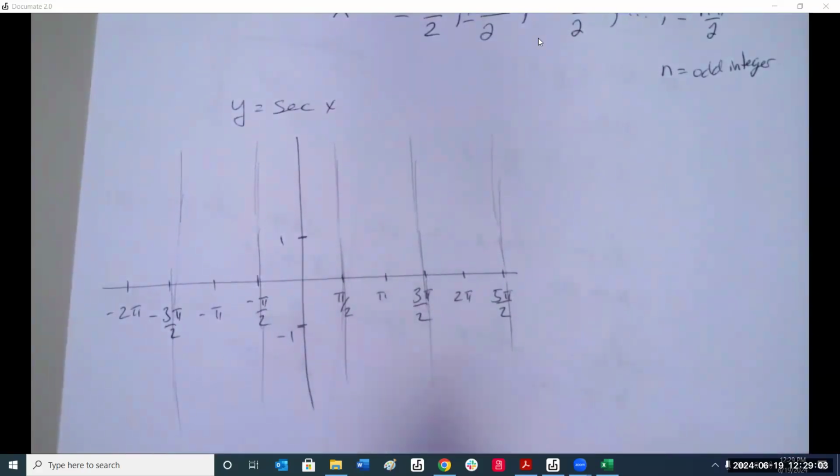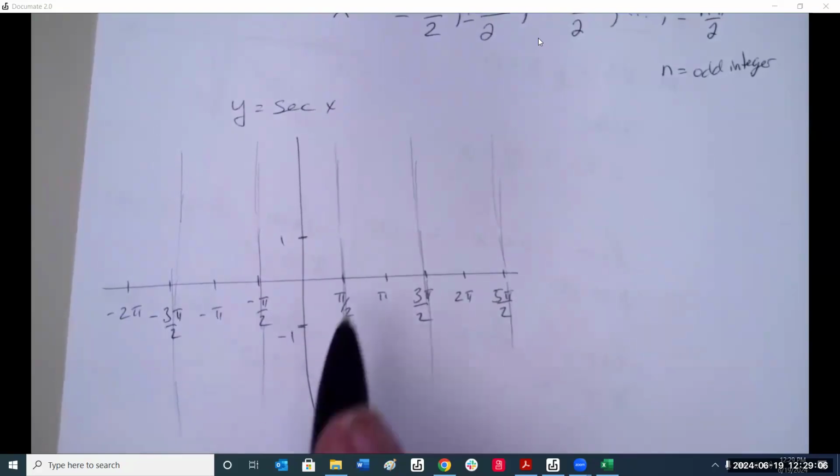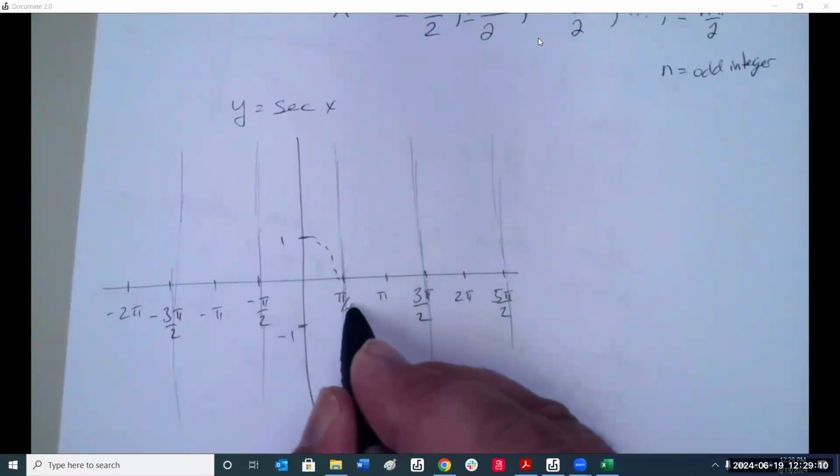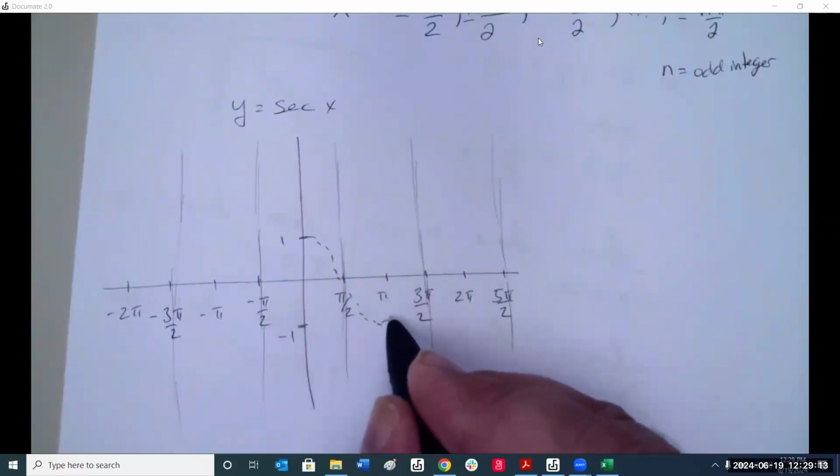Let's look at the cosine function first. The cosine function looks like this.